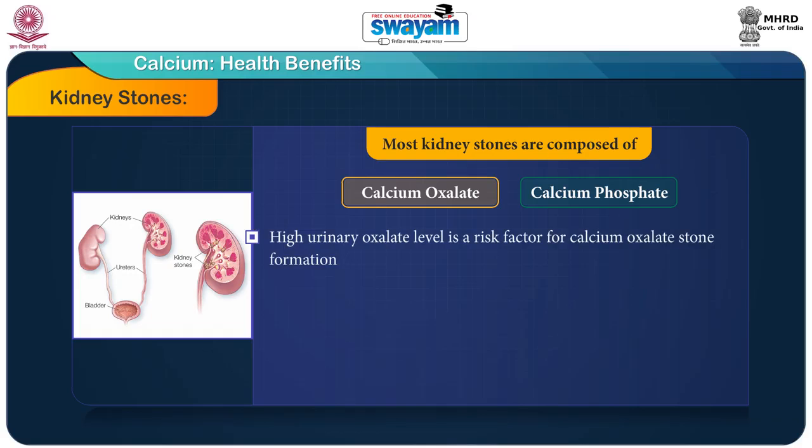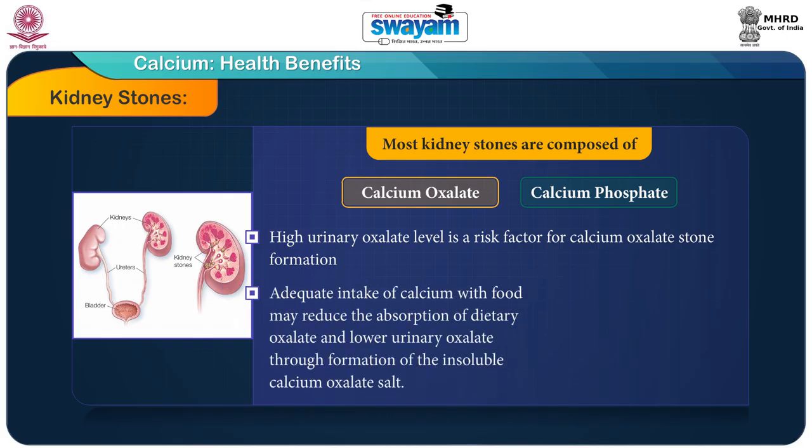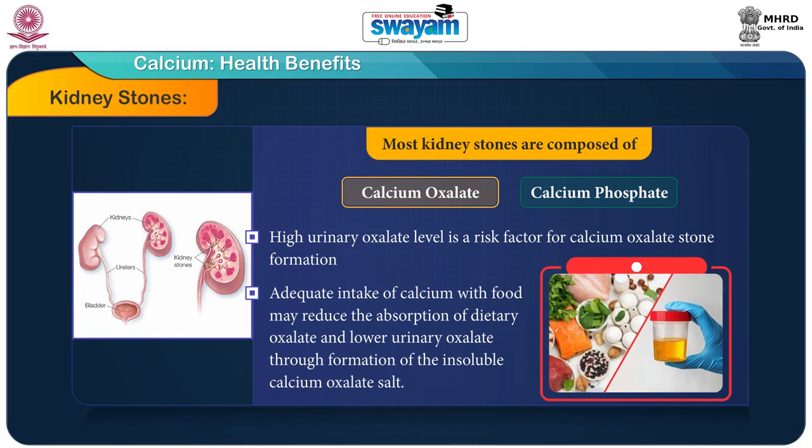High urinary oxalate level is a risk factor for calcium oxalate stone formation. Adequate intake of calcium with food may reduce the absorption of dietary oxalate and lower urinary oxalate through the formation of insoluble calcium oxalate salt, thereby preventing the formation of calcium oxalate stones in the kidney.